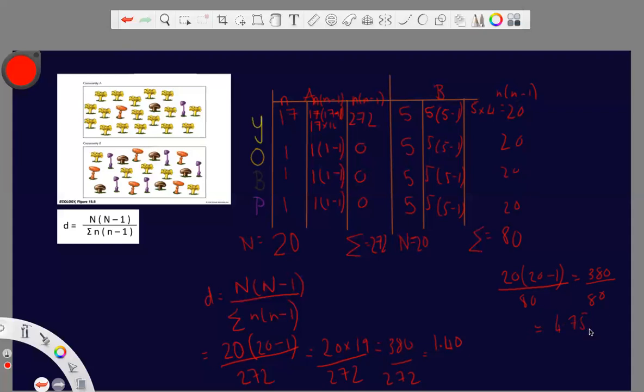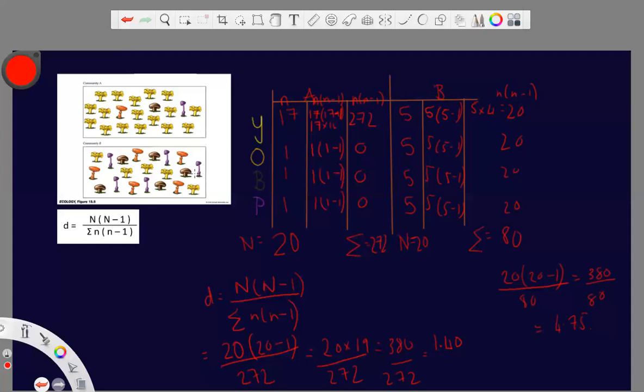So we've got two numbers, 1.40 and 4.75. The higher the index of diversity, the higher the number, then the higher the species diversity in that particular community. So we can say that community B has got a higher index of diversity than community A. In this particular example, you just need to look at it and you can see that.